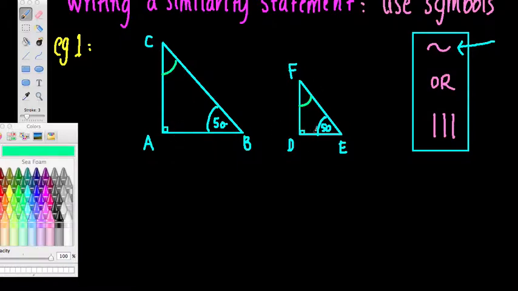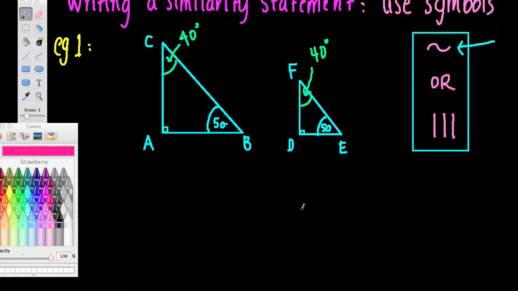So this is 90 degrees, 50 degrees, 90 plus 50 is 140, so that must be 40 degrees in there. We know all three angles are the same, and something neat about triangles is if you've got all three angles the same, they are similar. And that's something that we'll look at in more detail in this topic.